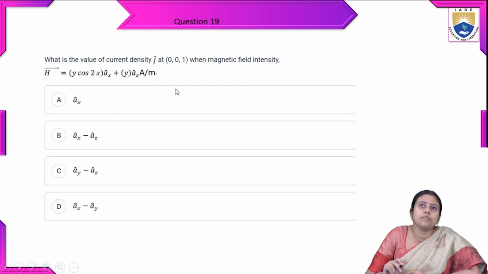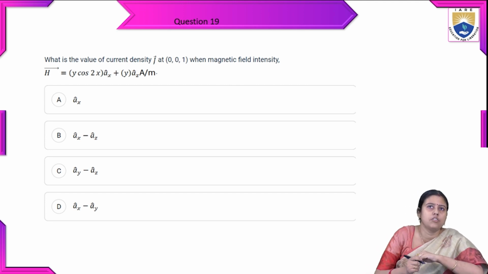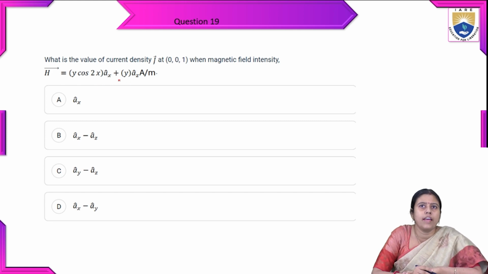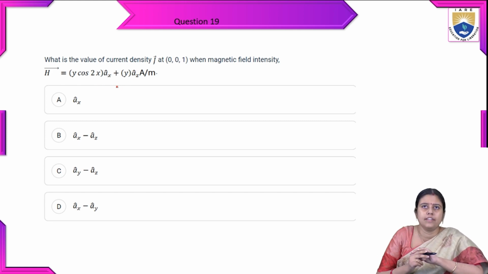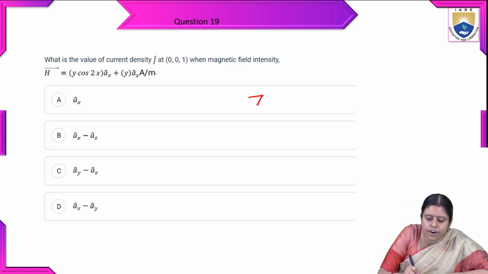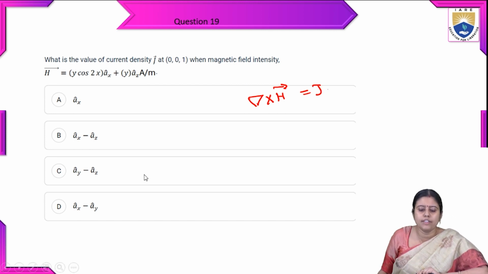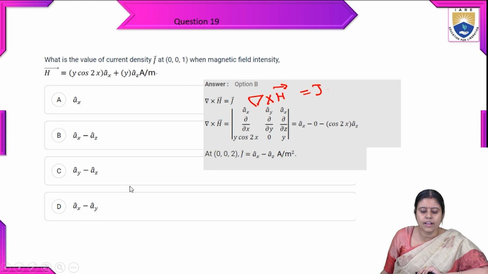What is the value of the current density J at 0, 0, 1 when the magnetic field intensity H is equal to y cos 2x ax plus yz az? So again we will use the formula: curl of H is equal to J, and if we calculate this we will get the value.